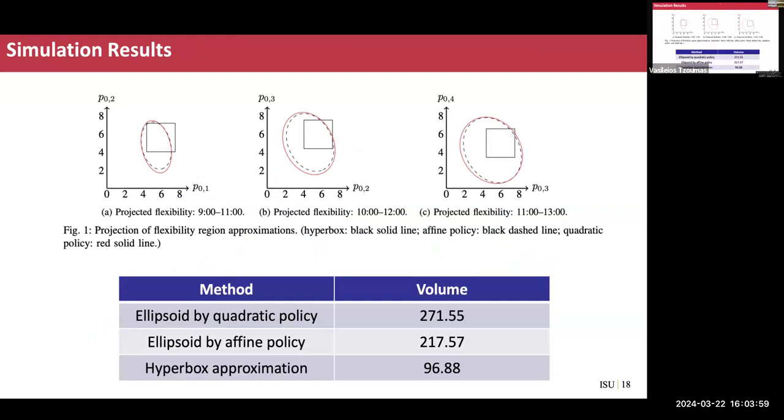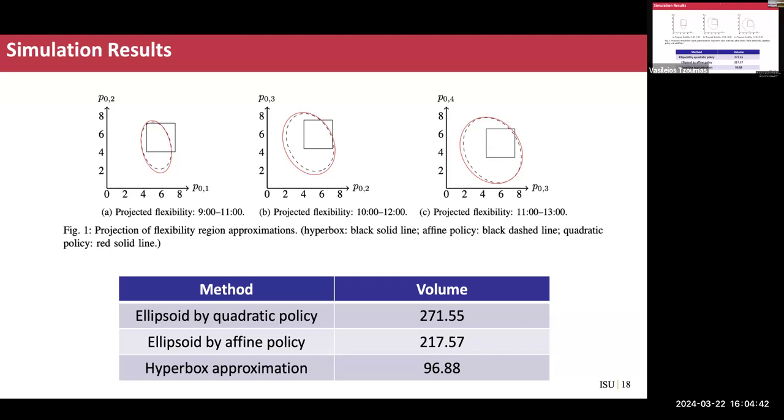Of course, we can't draw a 4-dimensional ellipsoid here, so we project it onto 3 2D planes. This solid red ellipsoid shows the ellipsoid in our approximation using this quadratic policy, and the dashed ellipsoid shows the affine policy. As we can see, somewhere around here and over here, at a certain point, this affine policy outperforms the quadratic policy a little bit, which verifies our theoretical observation that they're incomparable.